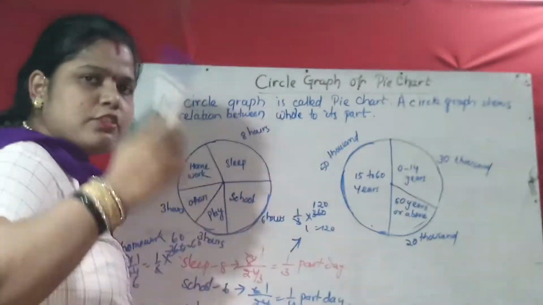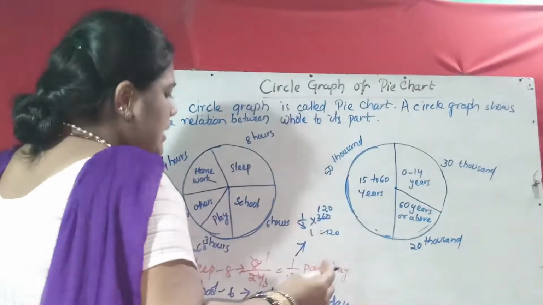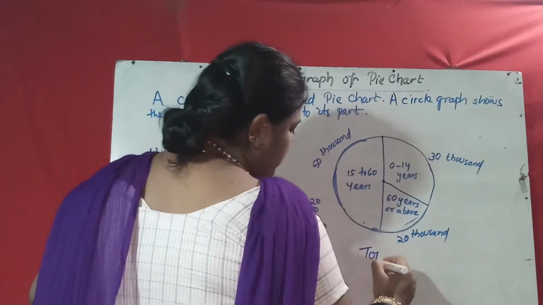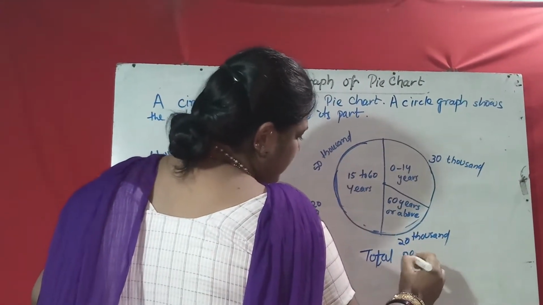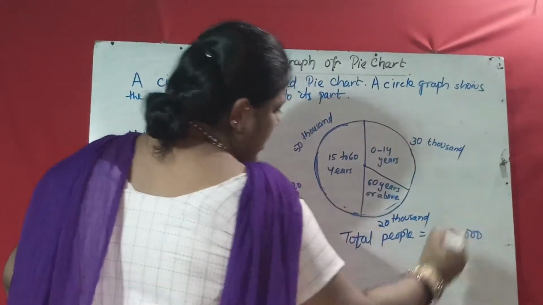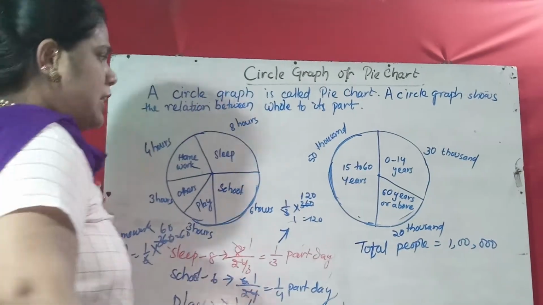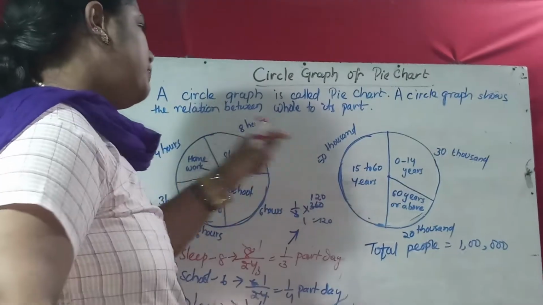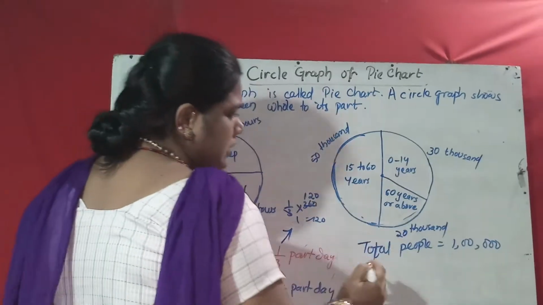If the city has 1 lakh people in total, suppose you find the fraction of 15 to 60 years.